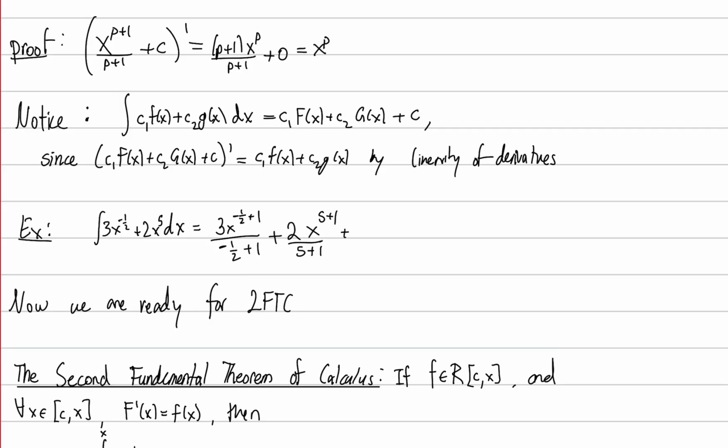And of course, do not forget the constant of integration. This becomes 3x to the power of 1/2 times 2, because we're dividing by 1/2, plus 2 over 6, so 2x to the power of 6 over 6. You can simplify this, but this is good enough, plus c. Never forget that.